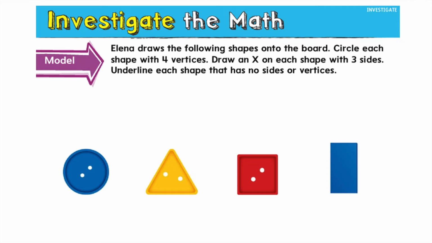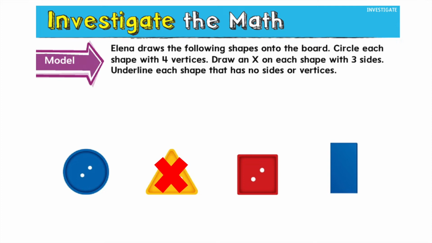Look at the shapes carefully and look at each description that they're asking us to find. They ask to draw an X on the shapes with 3 sides. Can you go ahead and point to the shape that has 3 sides? Yes, that would be the triangle. Now look carefully at the remaining shapes.